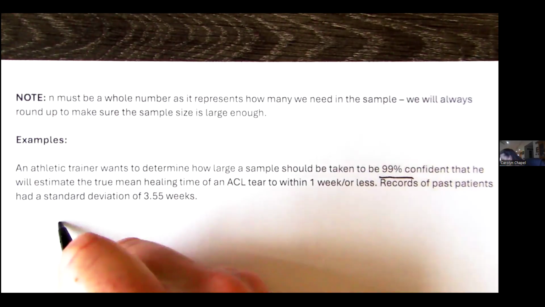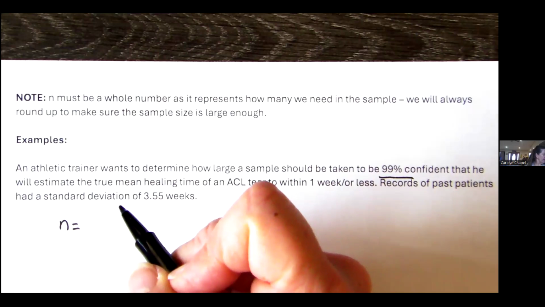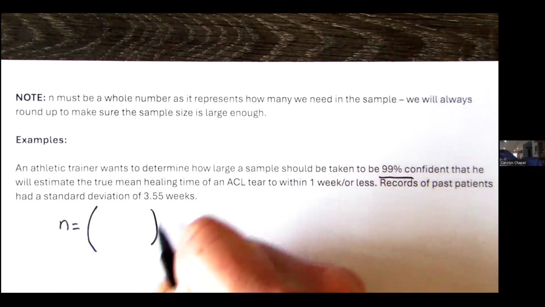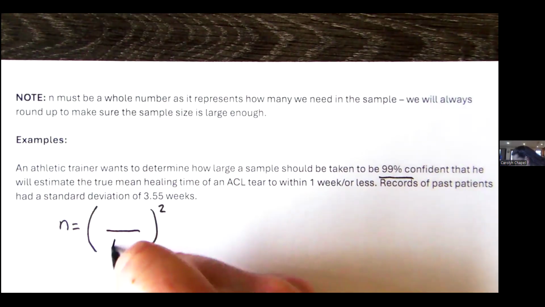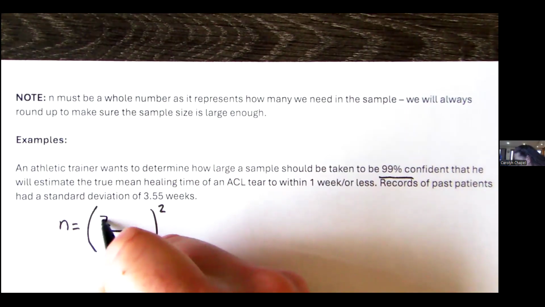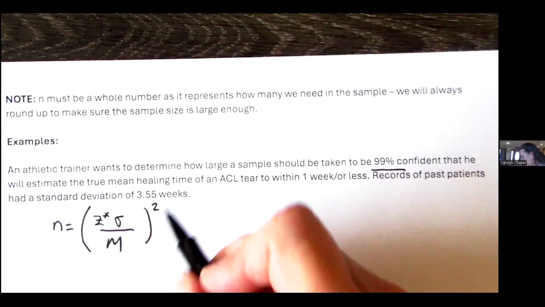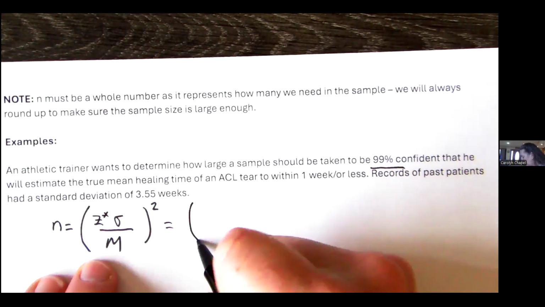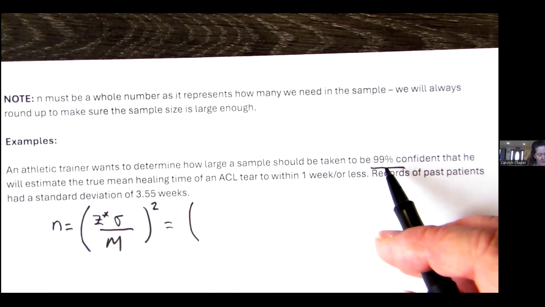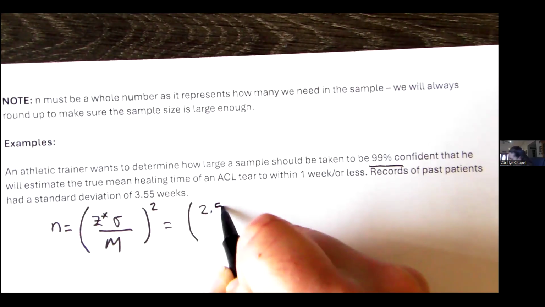So our formula for N, first of all, let's write this down. We have the M on the bottom, we have our Z star and our sigma up there, and everything is squared. Okay, so first thing I need to do is go back to my table and find that Z star for my 99%, and that is 2.576.